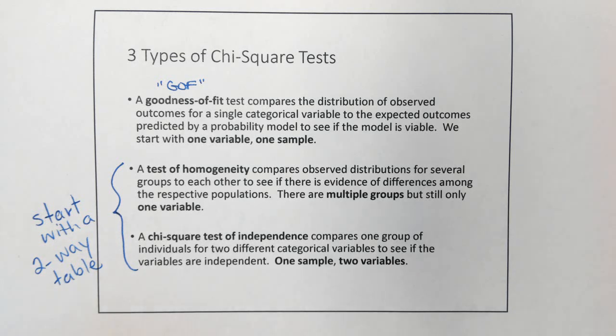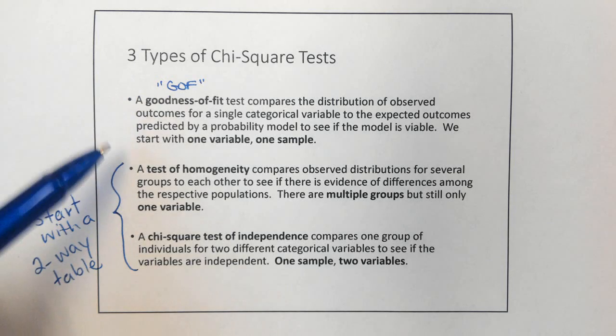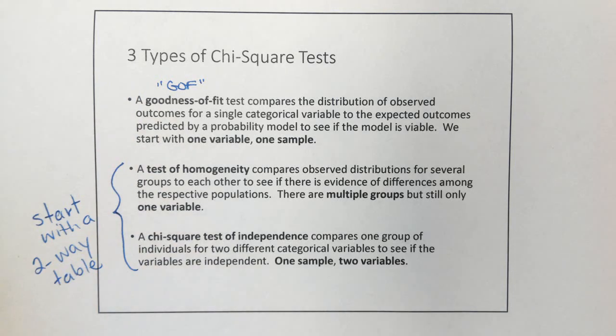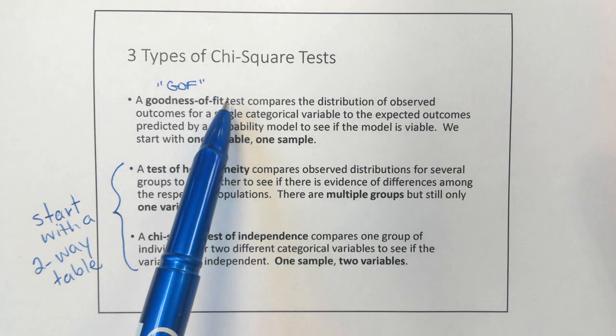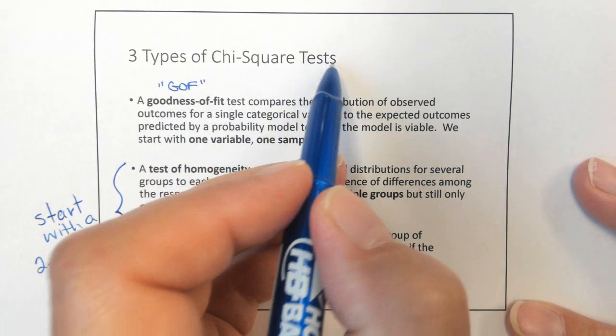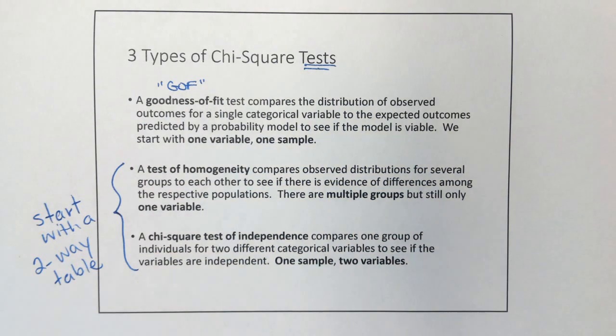Okay, so we're going to jump right in to actually doing a goodness of fit test to see how that looks different. You'll notice that these are all tests. There are no confidence intervals in the chi-square world. We don't even compute those, generally because you don't have a two-tailed distribution. So you're not looking at the middle percentage.